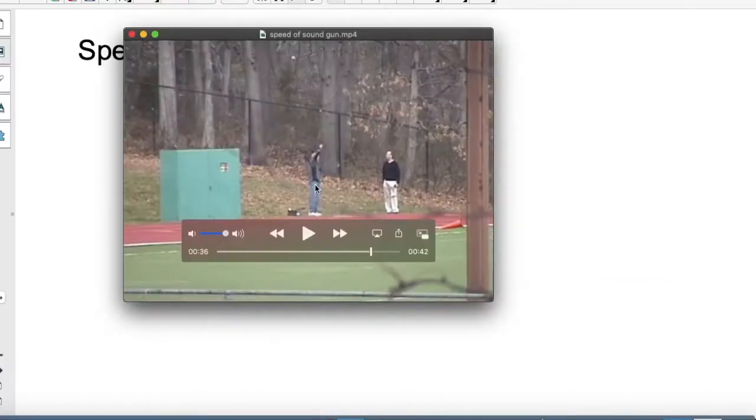This is Coach, who had a starter pistol, and I think we were about 180 meters away, 160 meters away. That's me, but we had a camera here in the school observing what goes on. Now I'm going to play it twice.